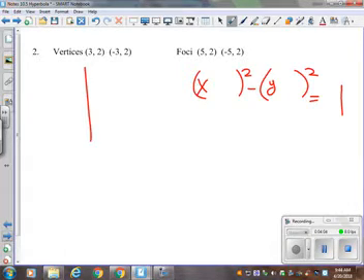So if I plot over 3 up 2 and over -3 up 2 for my vertices, what would my center be? 0, 2. Everybody agree? So the x gets the 0 and the y gets the 2.